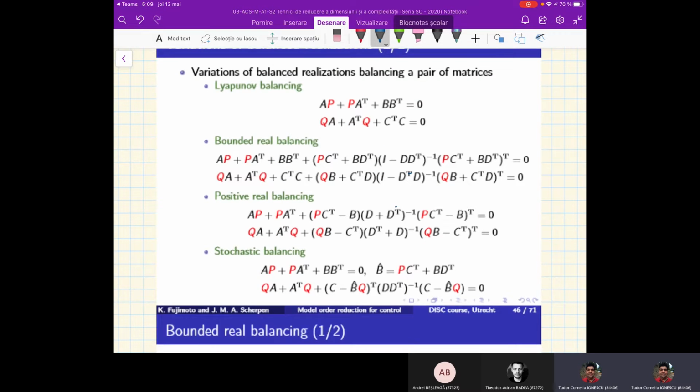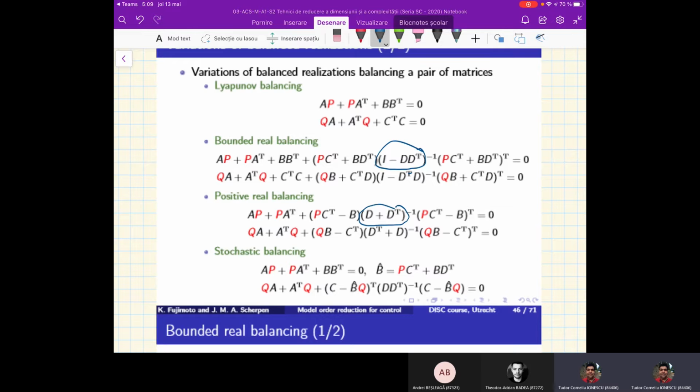And here, please note that you have to have this condition that D plus D transposed, where D is the feed-through term, needs to be non-zero. It needs to be invertible. Here it's much easier. Here, if D is 0, things are much easier.